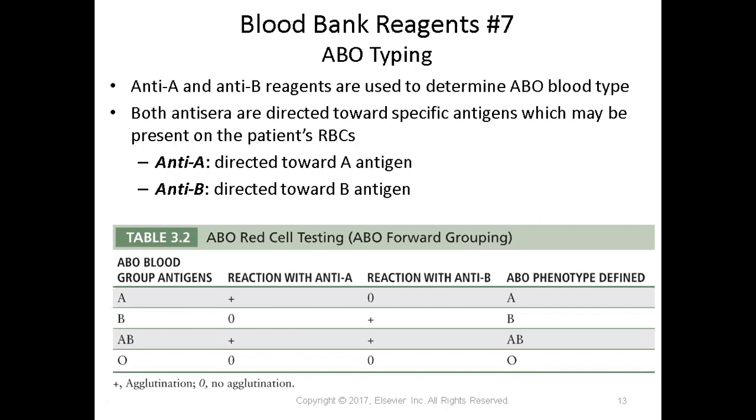Because type O lacks both A and B antigens, it's called the universal red cell donor. What this means is if someone was in need of an emergency transfusion and we didn't know their blood type, we could always give them O red cells that wouldn't cause any harm to anyone.